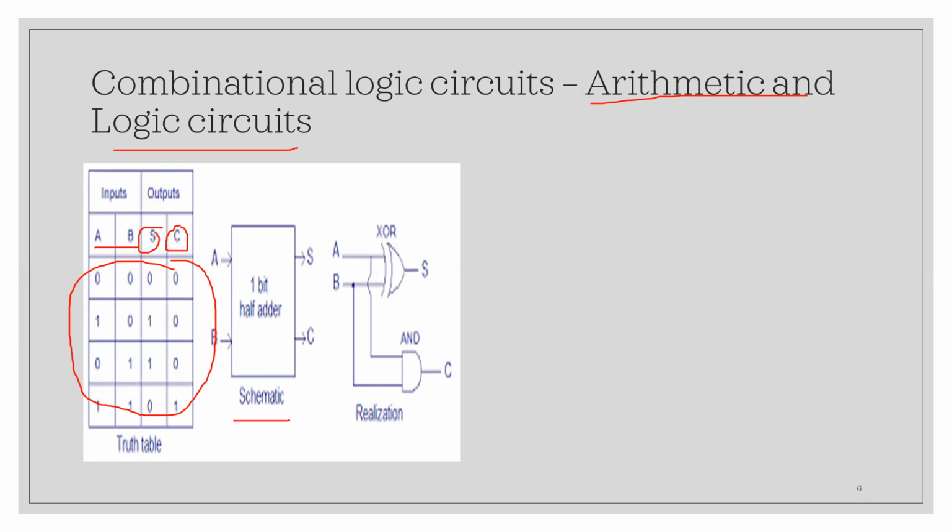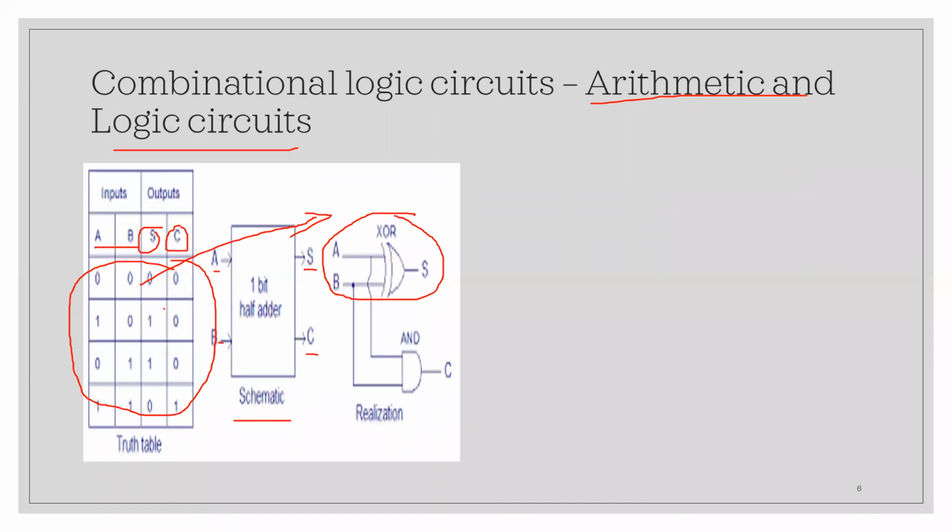This is the schematic of how we represent it in a very short form: two inputs, and we have the sum output and the carry output. Now, if I want to realize it in gate form, we have to reduce this table and obtain the expression. Once we obtain it, we get to know that S, that is the sum, can be obtained by XORing the two inputs.